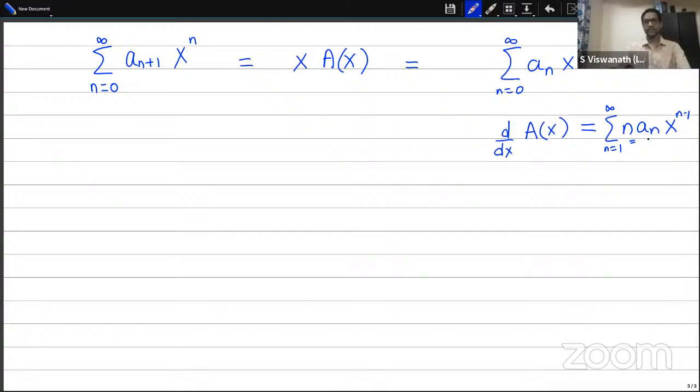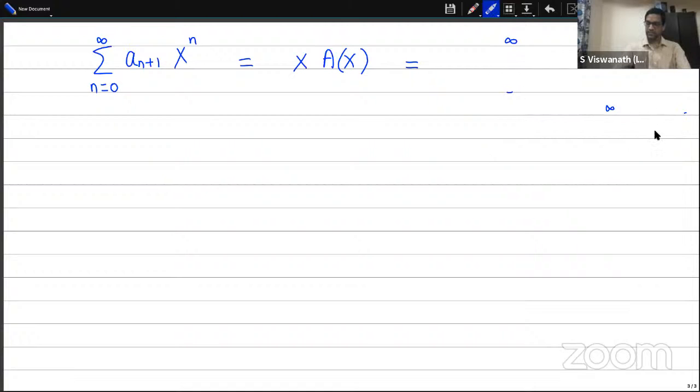It's really a of x divided by x, right? You have to remove 1 power of x from all the terms. So let's just say this is a of x divided by x, except this constant term is a problem, no? So maybe the most correct way of saying this would be to take a of x, the original series.